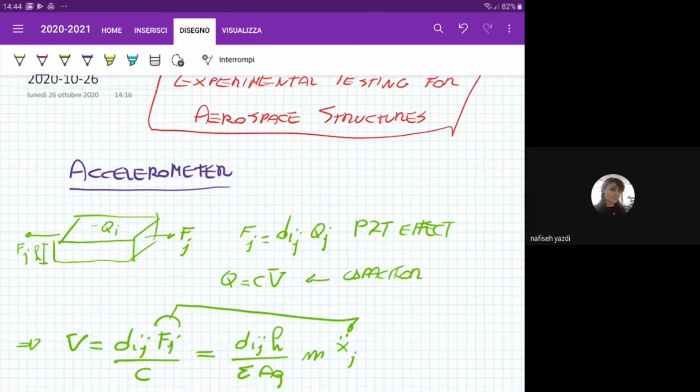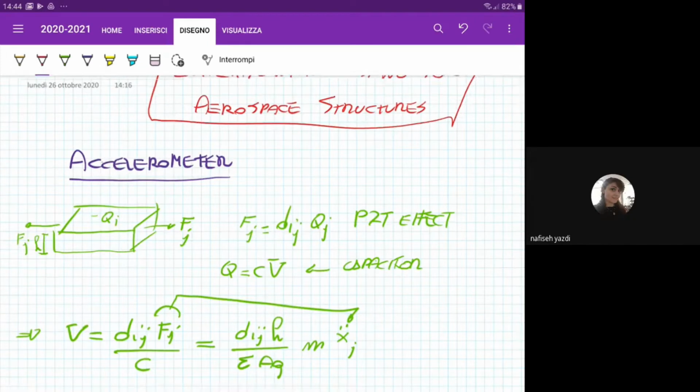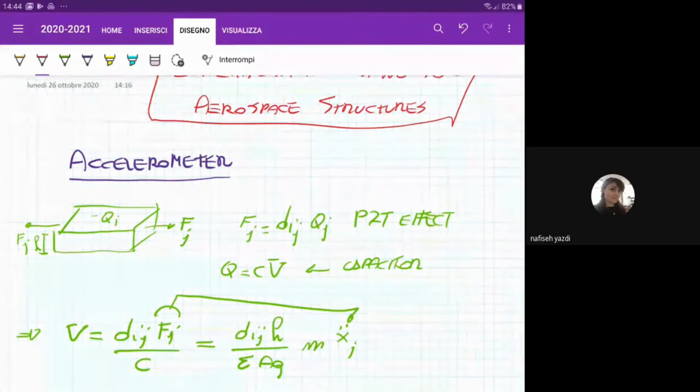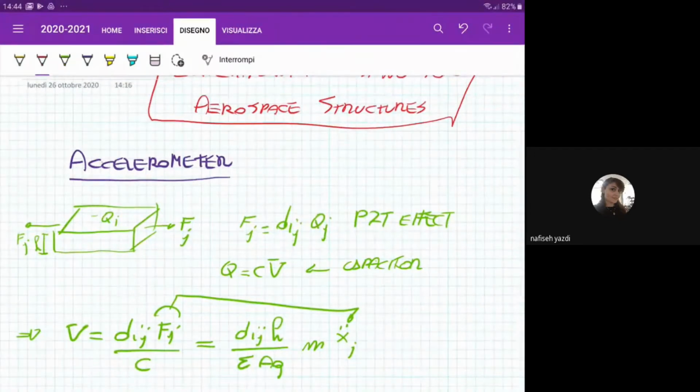If you think of a sinusoidal signal, then the acceleration is going down and up, positive, negative. And therefore you will have positive and negative charges, and therefore an output tension that is positive or negative.